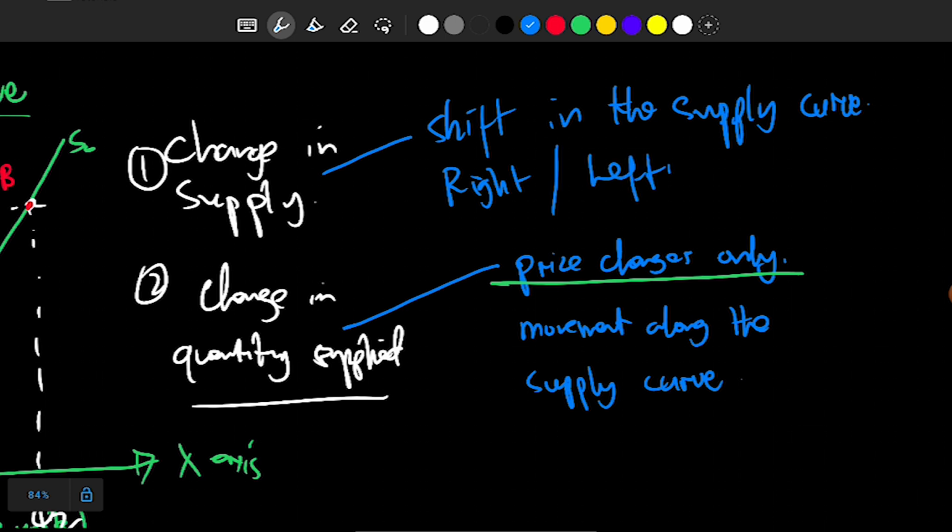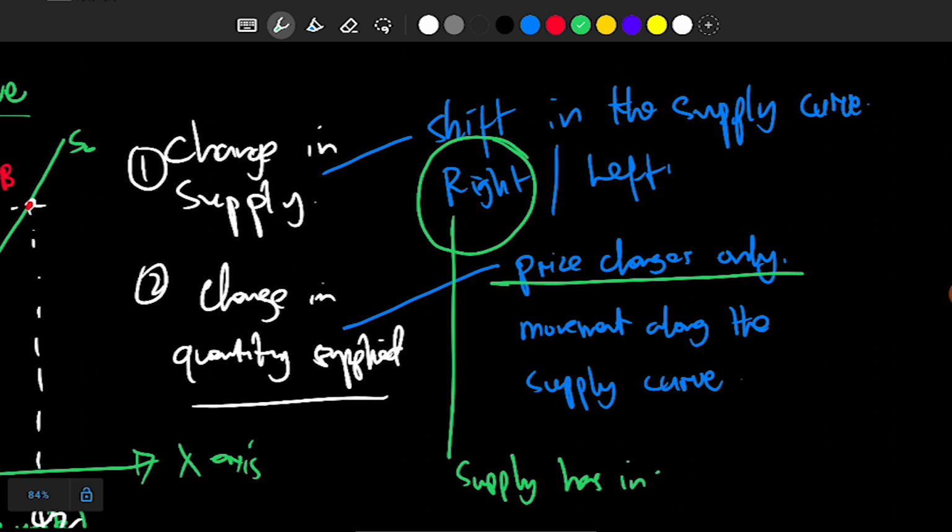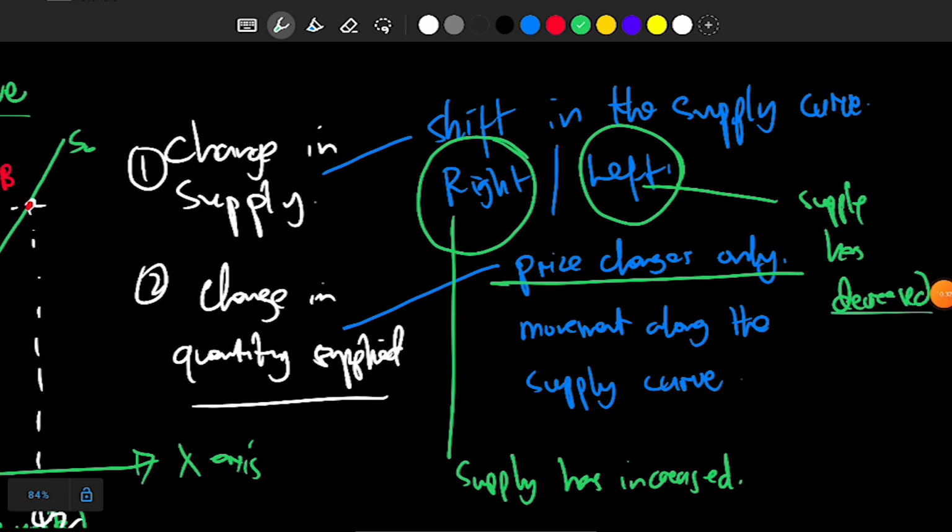When the curve is shifting to the right, we say that supply has increased. When it is shifting to the left, we say that supply has decreased.